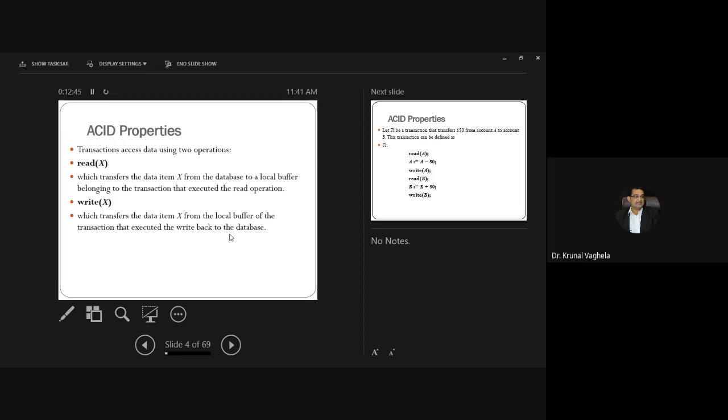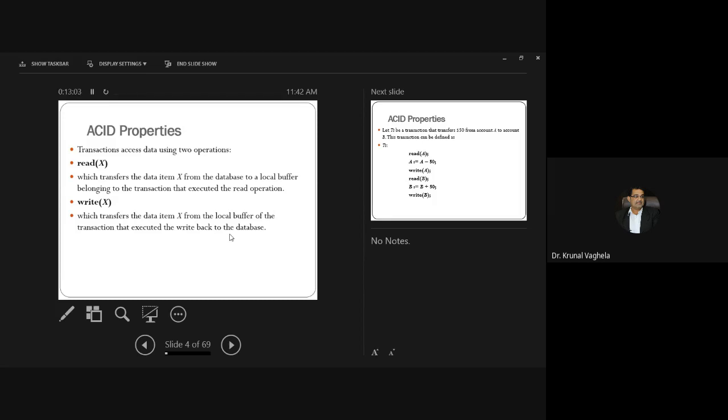In the same way, your database is stored in secondary memory, the hard disk. But when you want to access the database, it should be brought in from the hard disk to RAM.